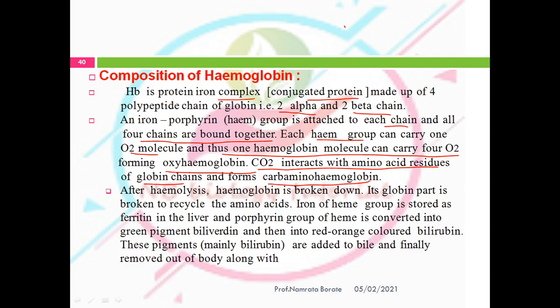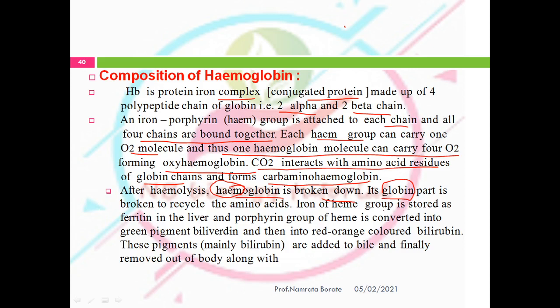After hemolysis, meaning after the breakdown of hemoglobin, the globin part is separated from the heme part. The globin part is broken down to recycle the amino acids.